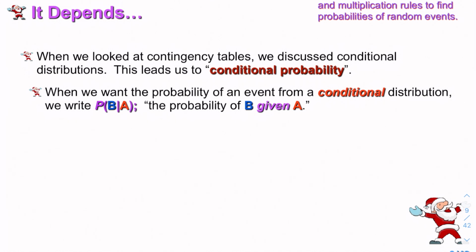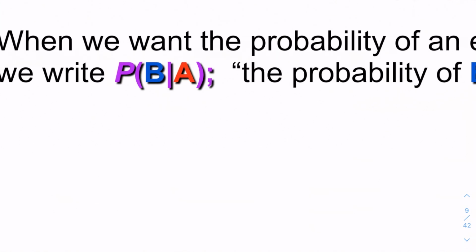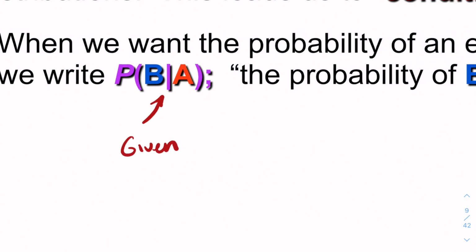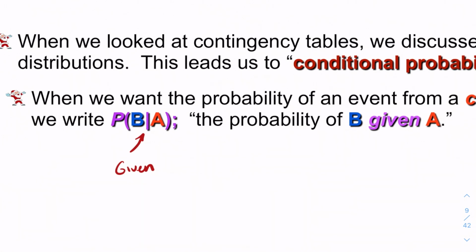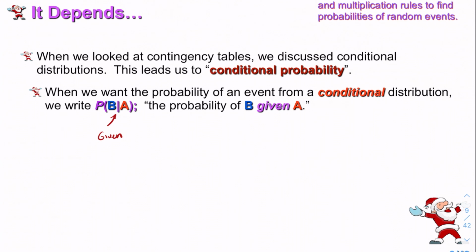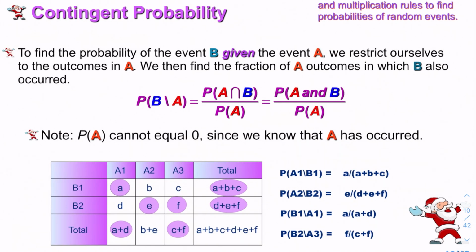So when we want the probability of an event from a conditional distribution, we write B given, this vertical line means given, A has already occurred. So the probability of B happening given we already know that A happened. So this is a huge idea in statistics, this idea of conditional probabilities.